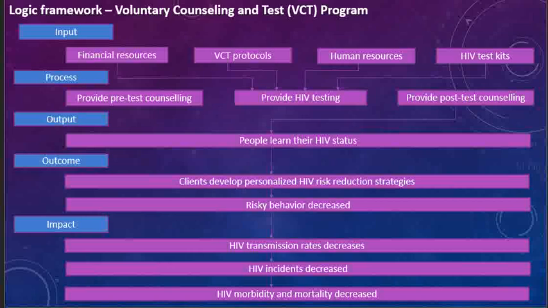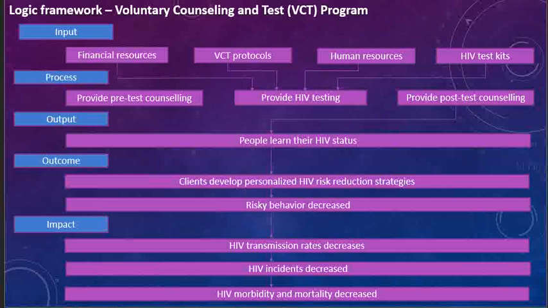So these are our inputs, the physical inputs, actually, but they don't have to be very physical anyway. Then after having this input, we are going to have the process. The process would include provide pre-test counseling, provide the test itself, and then provide post-test counseling.